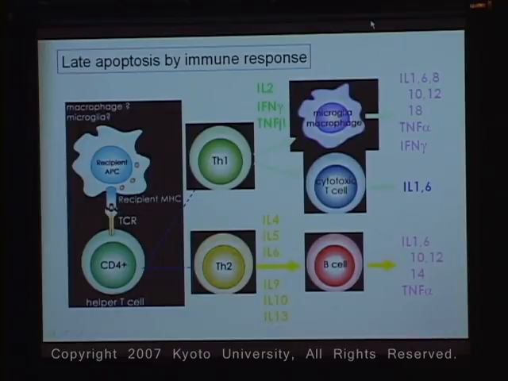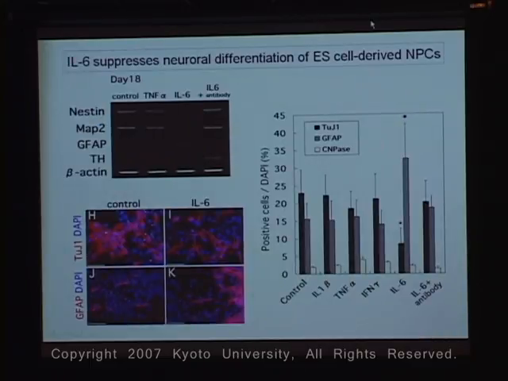The accumulating microglia or cytotoxic cells secrete cytokines such as interleukins, TNF-alpha or interferon gamma. So we added these cytokines into the culture medium during the in vitro differentiation.